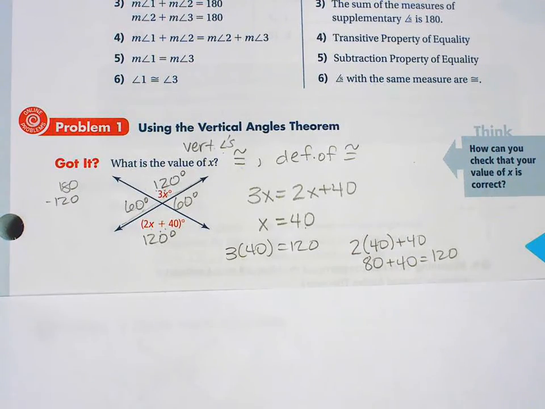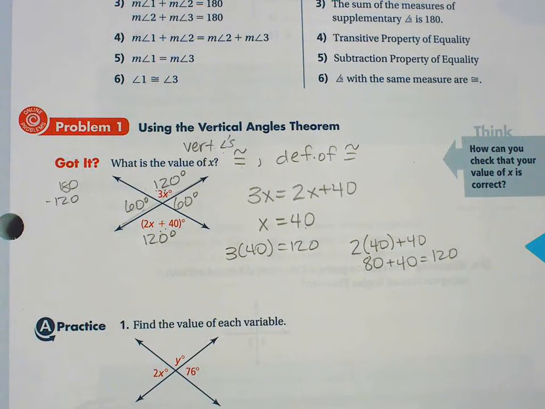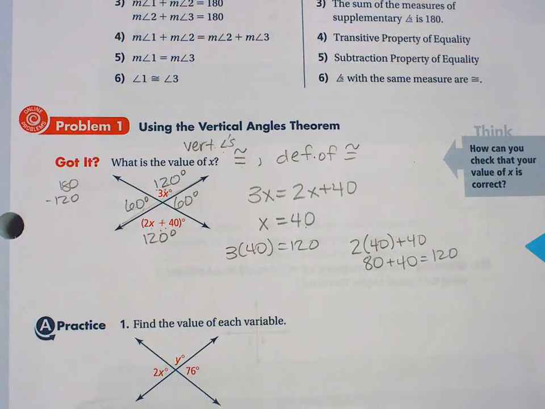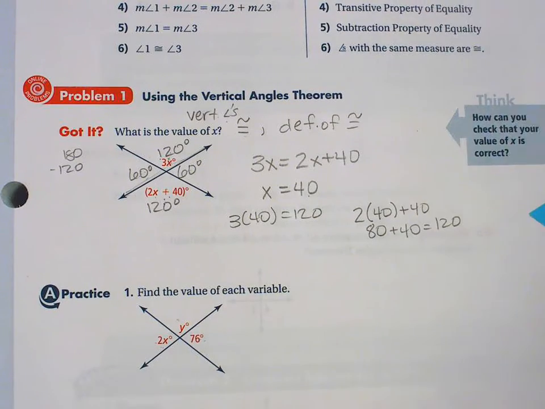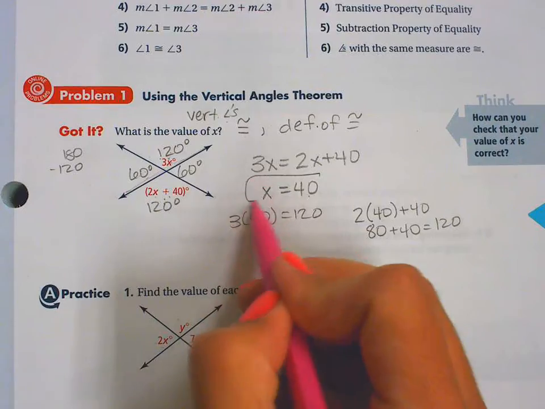Okay, and then I'm not going to do this next one, but if you want to, you can try it. You would start by setting these two equal, solve for x, then you would find that missing angle, just like we did that one. All right, so what I want to go to, though, is on the next page. I guess I should circle my answer before we move on.